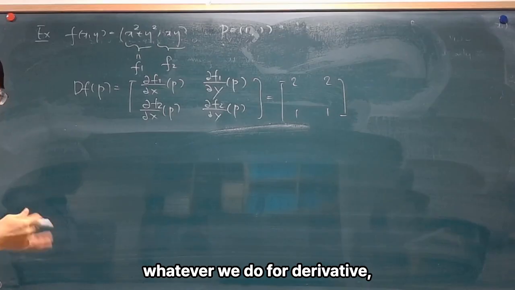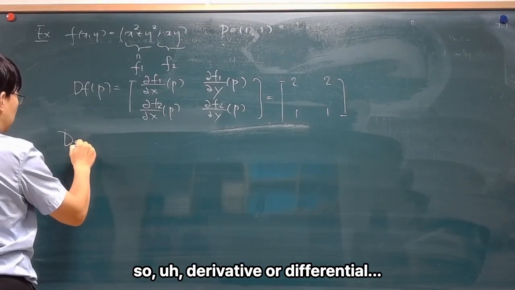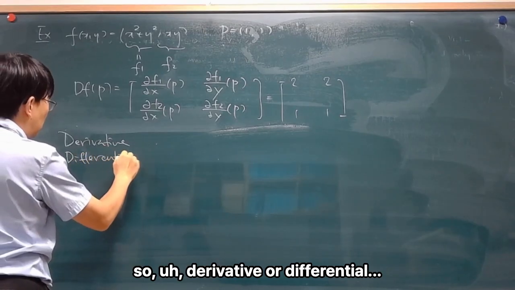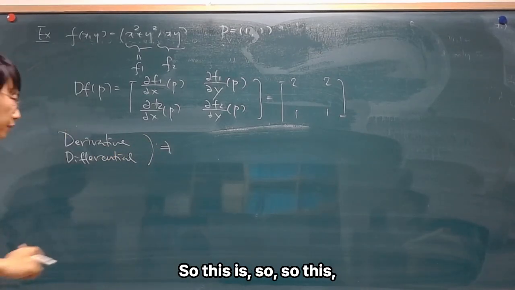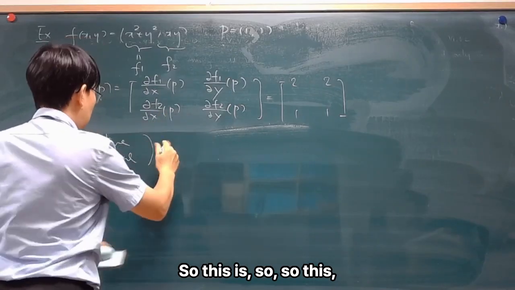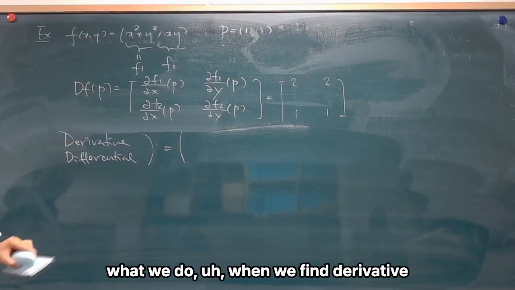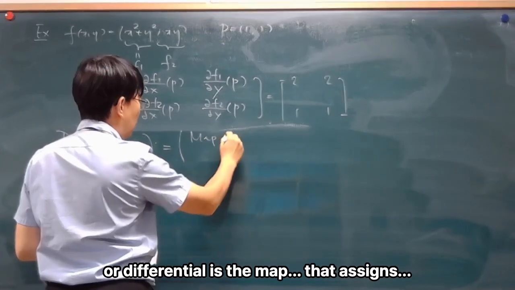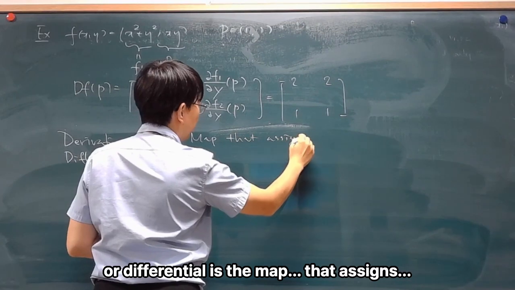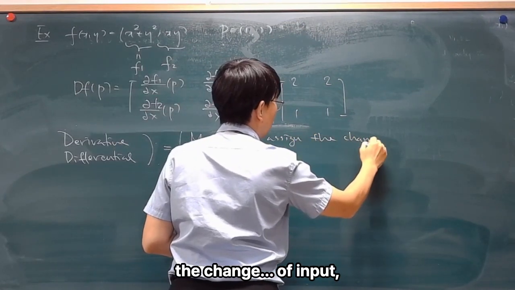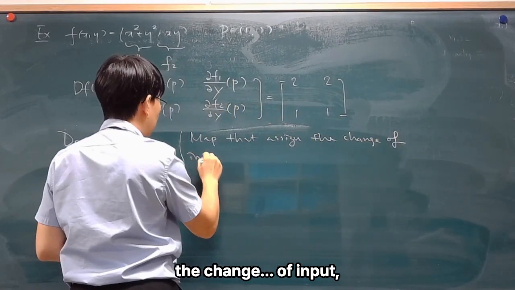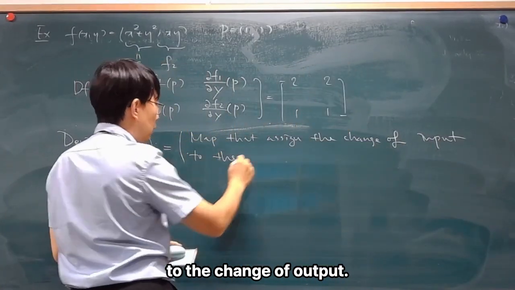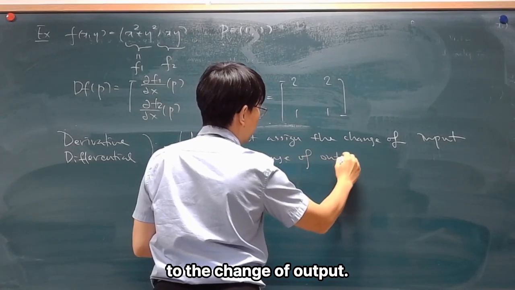Whatever we do for derivative or differential, what we do when we find a derivative or differential is find the map that assigns the change of input to the change of output.